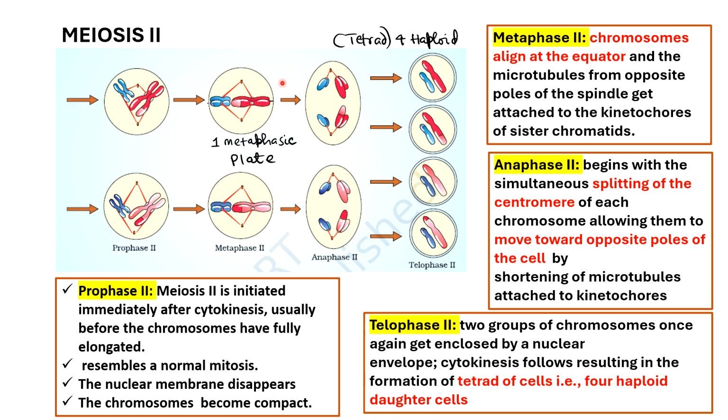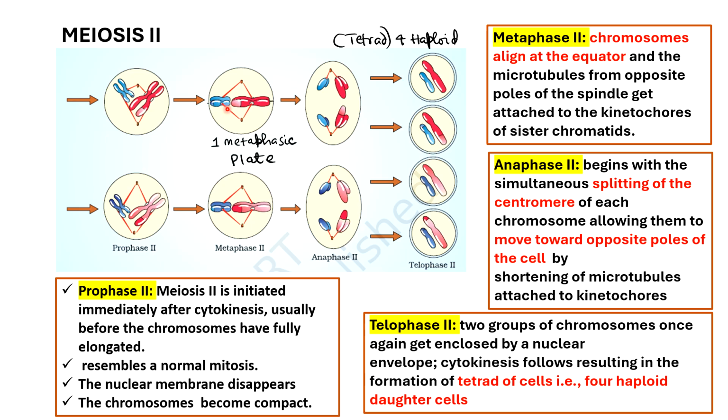Because out of the 46 we got only 23 chromosomes in the cell starting prophase 2, how many will we get? 23 plus 23, we will get 46 spindle fibers in metaphase 2, right? Now, how is it remaining the same as that of metaphase 1?